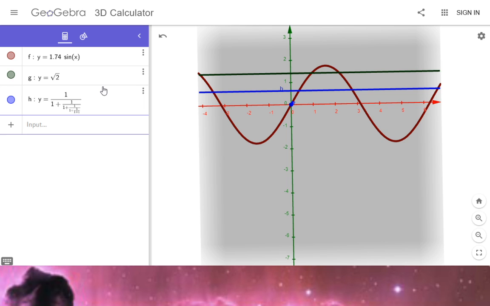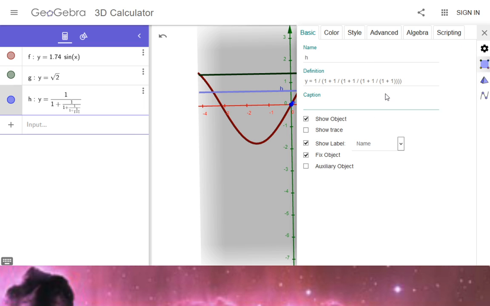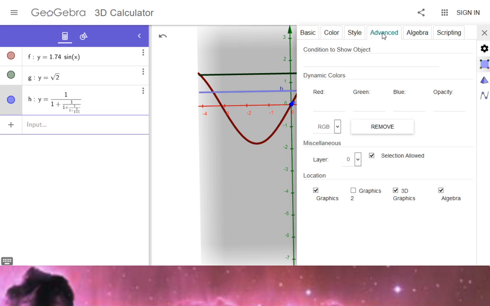Now, it would be nice to actually see data. I wonder if we can do a data chart. Let's see. Settings. Definition, caption. Auxiliary, color, style, advanced.